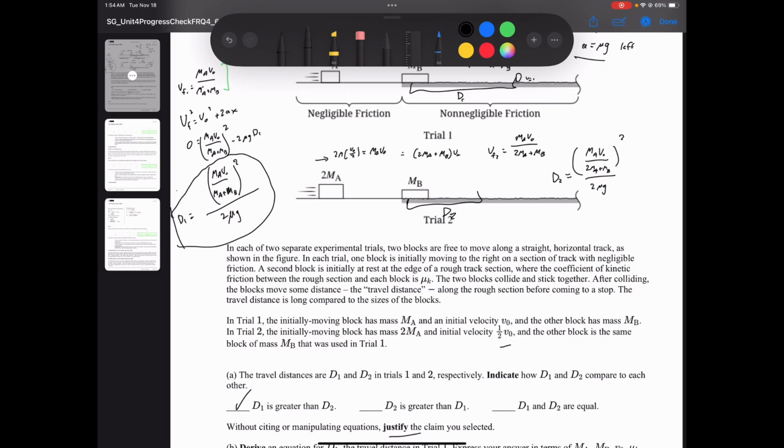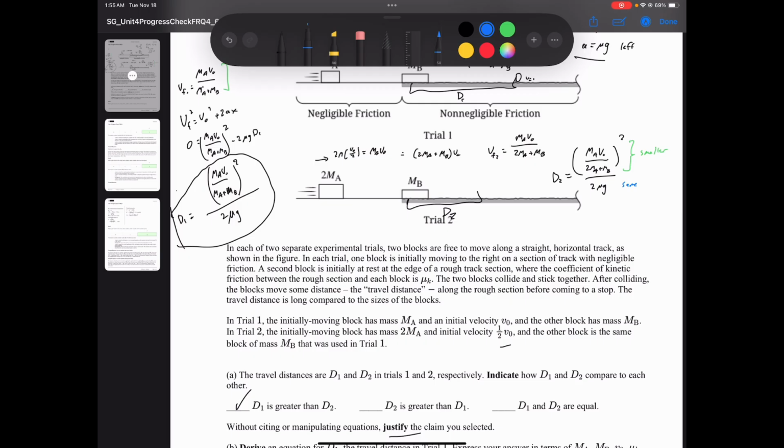So for my D2, this term here, the ma v naught over 2ma plus mb, is going to be smaller than what it was for D1. And this term here is the same. So this matches our reasoning for our selection for answer choice A. We said that D1 is going to be greater than D2 because they have the same deceleration, but the velocity in trial 1 is larger than the velocity in trial 2, as indicated by our equation.